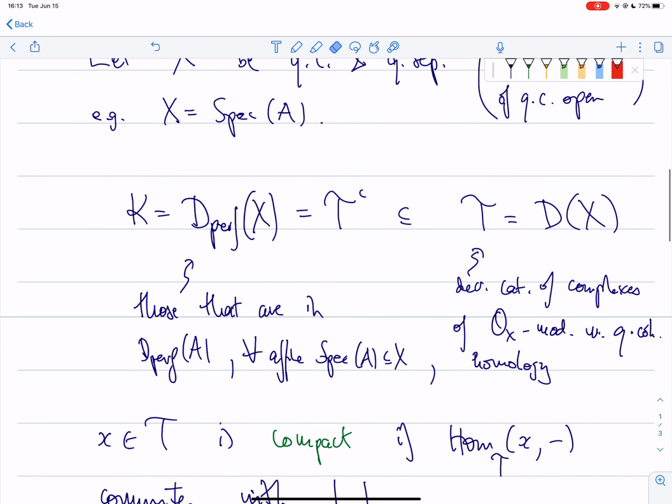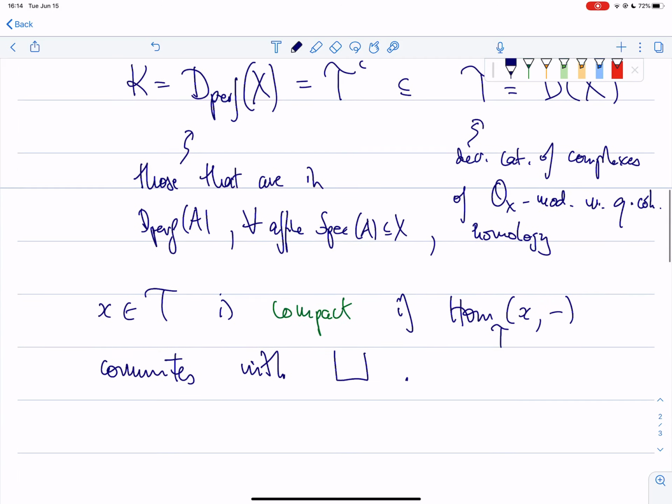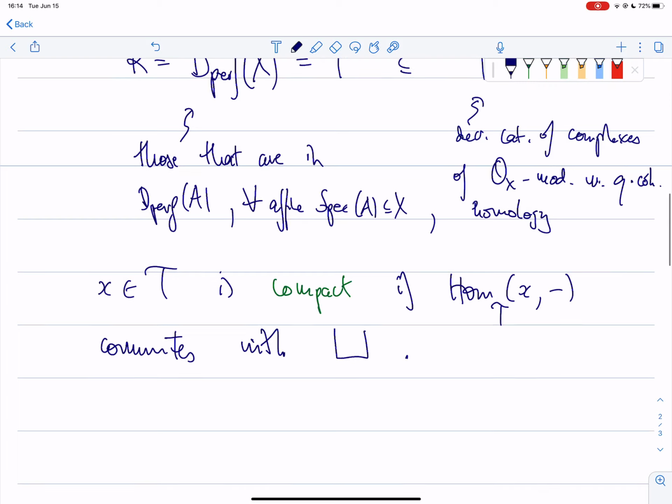Now, you might ask, well, why do we care about those big things, those derived categories? It kind of goes hand in hand with the modern development of algebraic geometry, and things like K-theory or homological algebra. In all those subjects, those categories are very important.